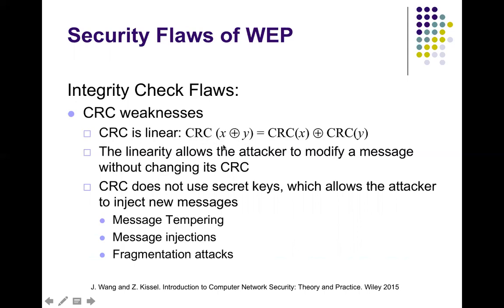It's linear because CRC of X exclusive OR Y is equal to CRC of X exclusive OR CRC of Y. This linearity allows the attacker to modify a message without changing its CRC, which means the attacker can use a captured CRC for a different message.